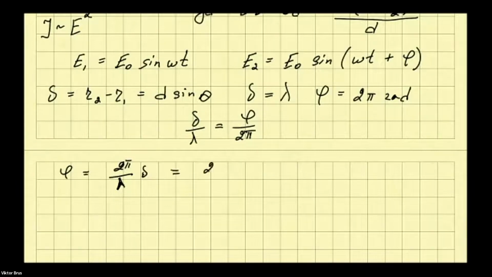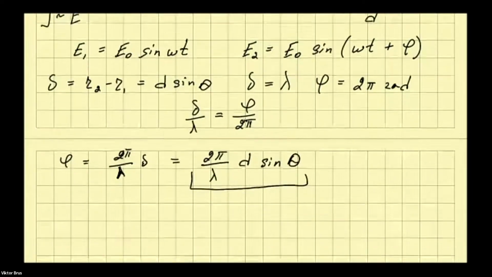So we can write 2 pi divided by lambda times d sinus theta. So that is the expression for this phase shift between the second and first waves.